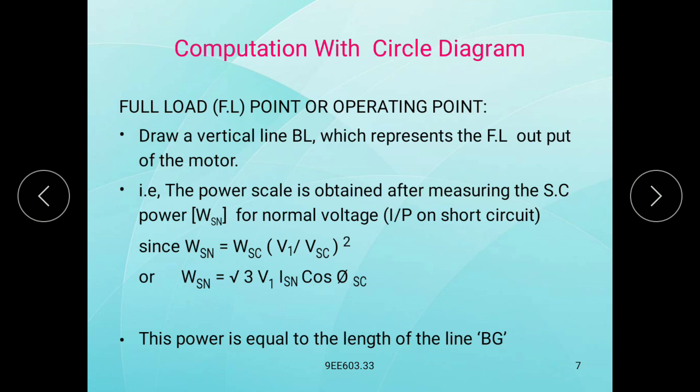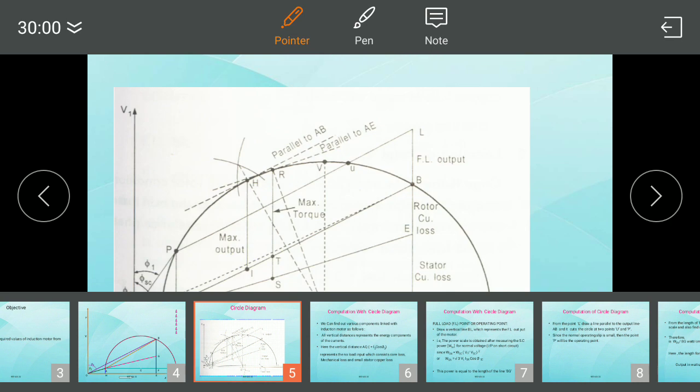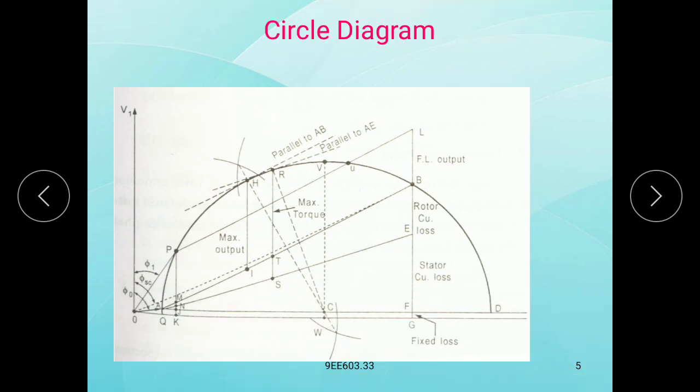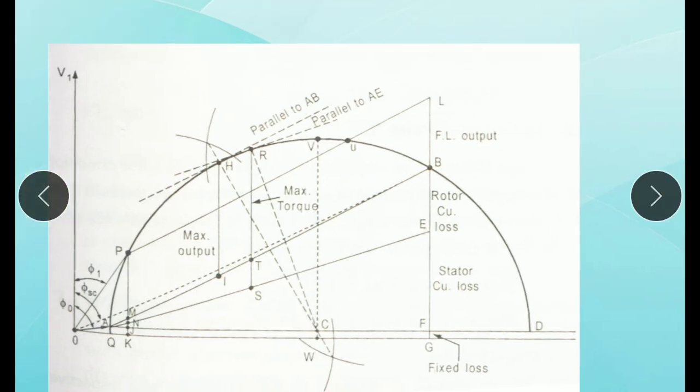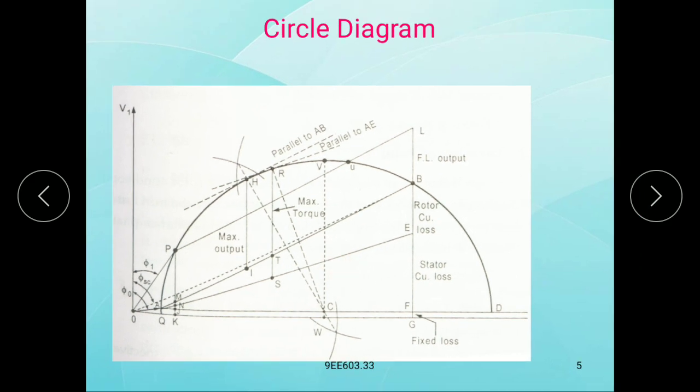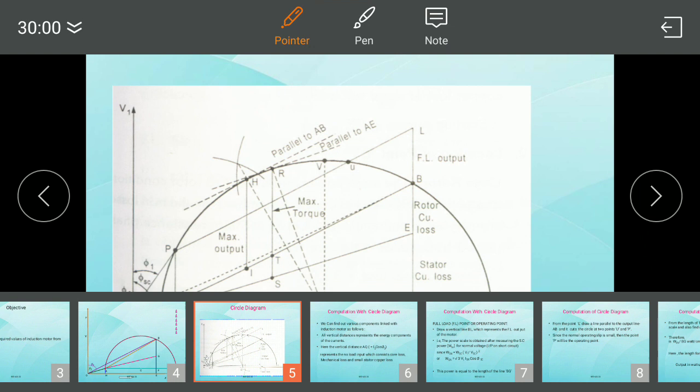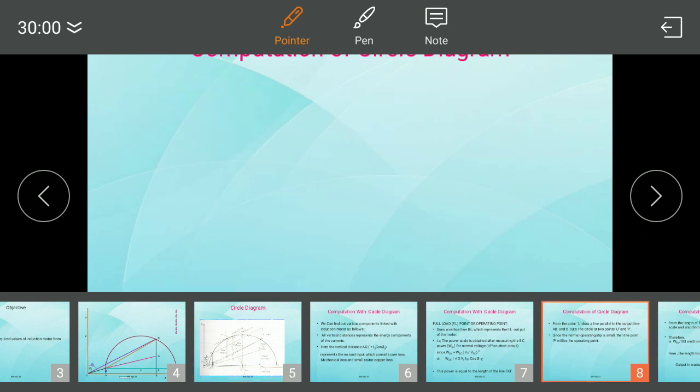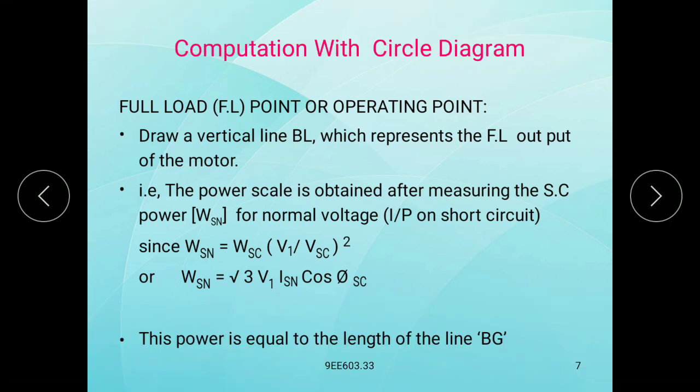This power is equal to the length of the line BG.